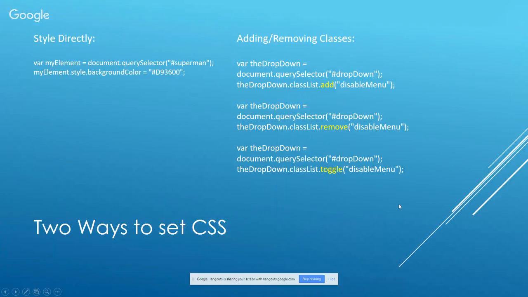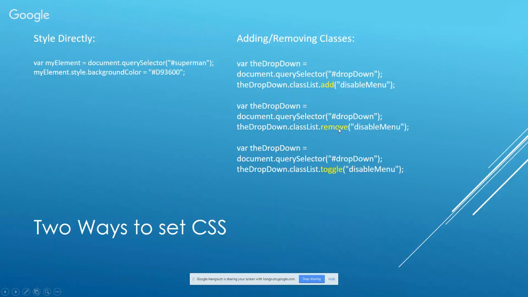You can go and style it directly, getting an element, adding a style, and then modifying that color or whatever you're trying to do. Or you can do the add and remove classes, and that's what we're looking at here, which is just changing the entire class based off of the JavaScript.